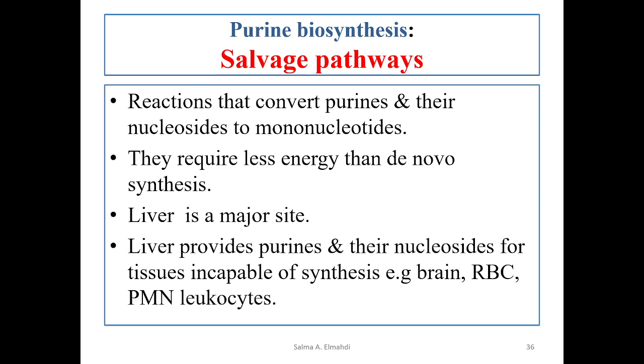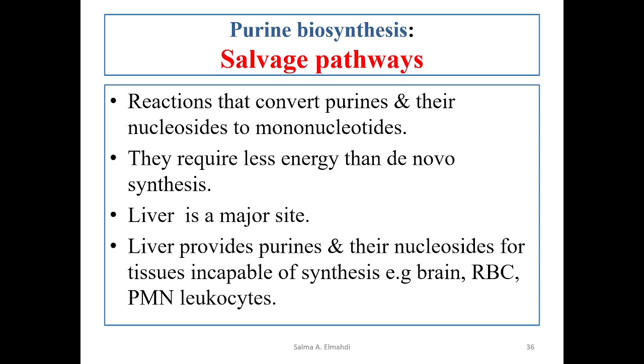No, it will use a ready-made, already present nucleoside to form a nucleotide, or use a ready-made purine and add the sugar to it to form a nucleoside. Liver is a major site for salvage purine biosynthesis.